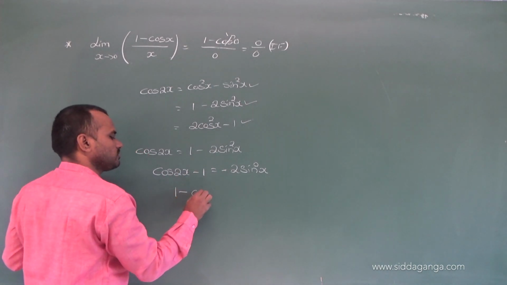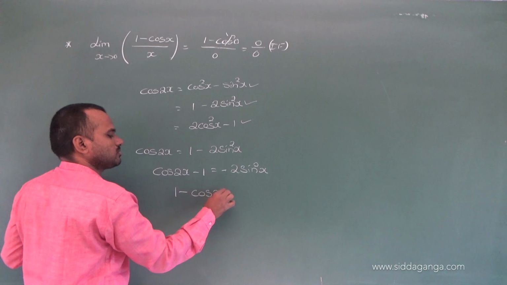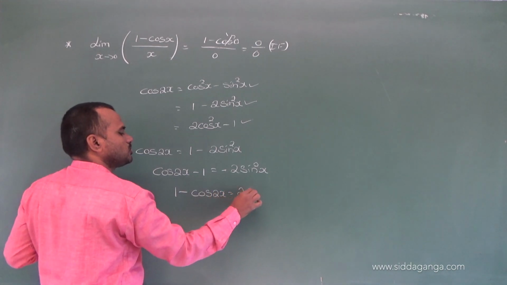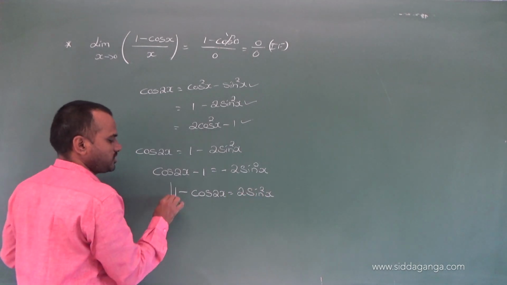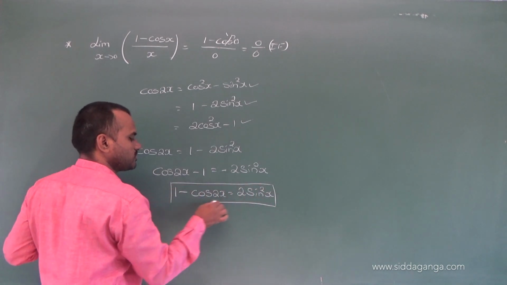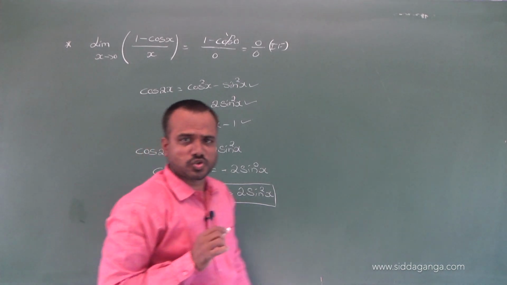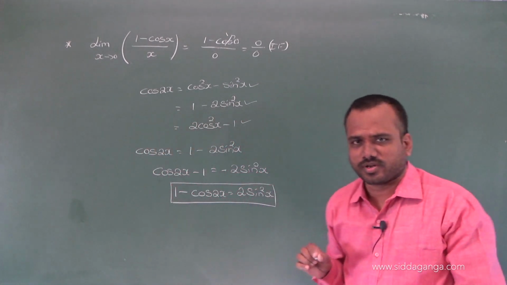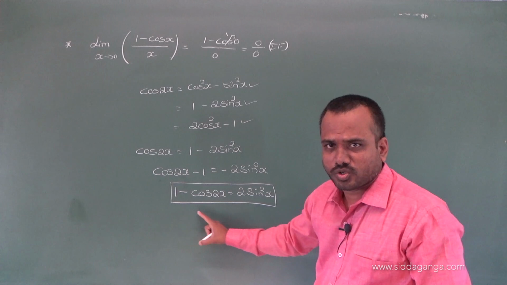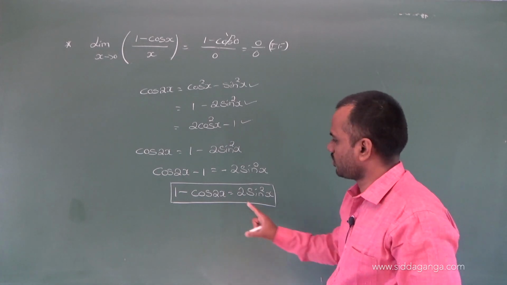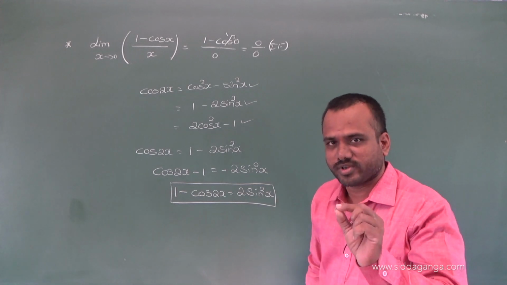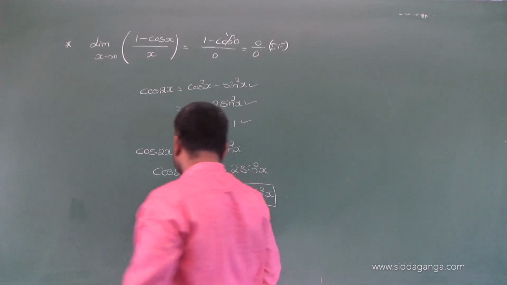It becomes 2 sin square x. This is a very important result. 1 minus cos 2x we write as 2 sin square x.